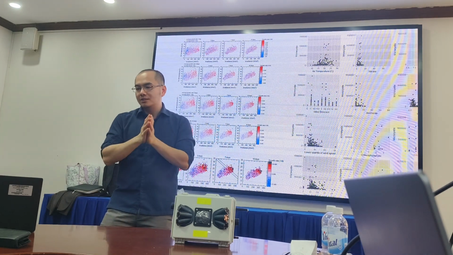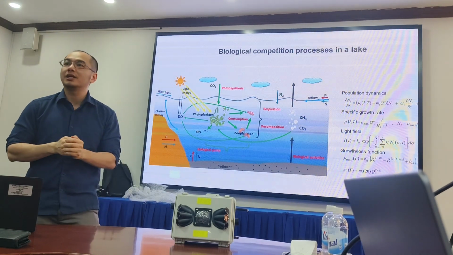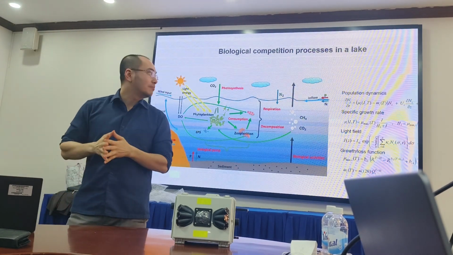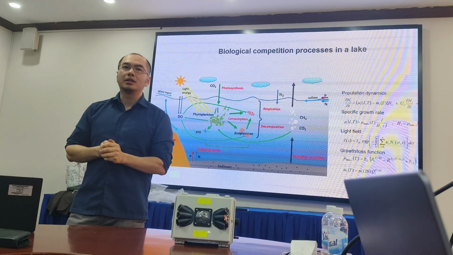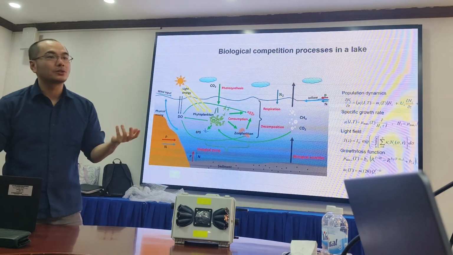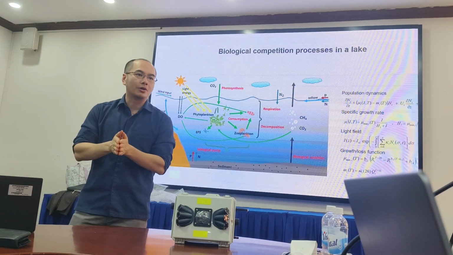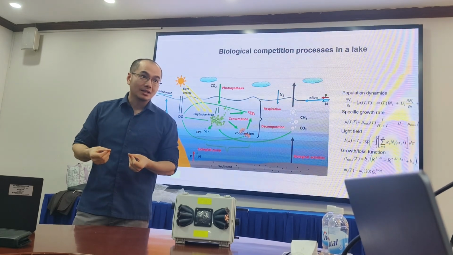For example, we determine in the equation here that the population of algae could actually depend on light and also on the mixing and temperature. So that is something that we could work on to put in our model. So you already see some limitations, right?